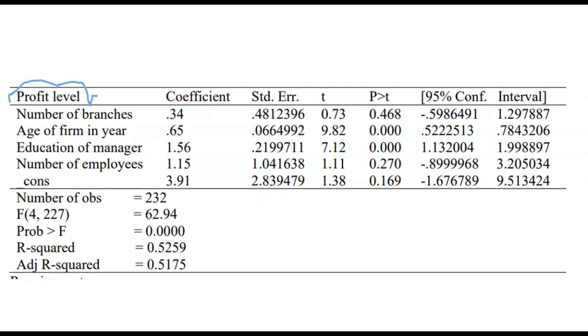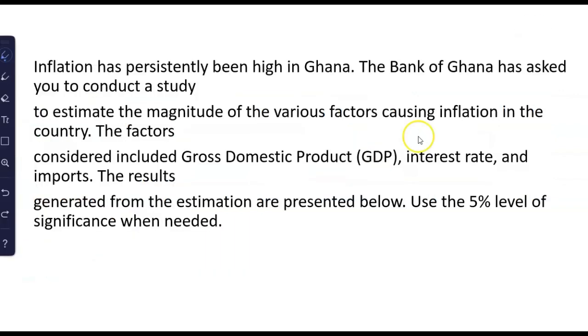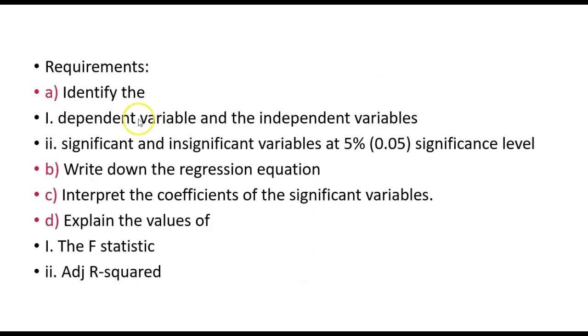So first things first, we want to know the dependent and independent variables. That's the first thing we want to find out. Which is the dependent variable and which is the independent variable. That's what we want to do.